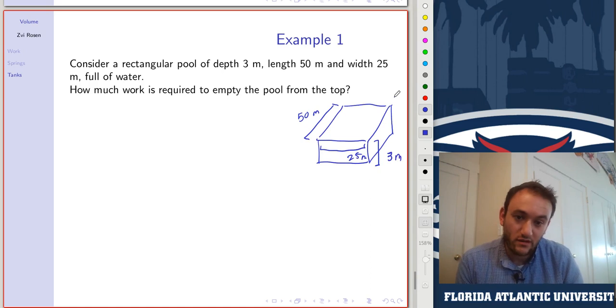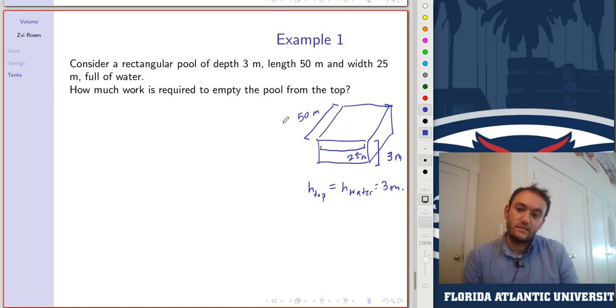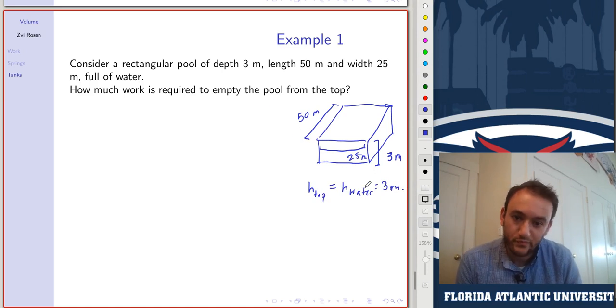It's full of water, and the height of the pump out pipe, h top, is just the height of the water, which is 3 meters, because we're emptying the pool from the top.